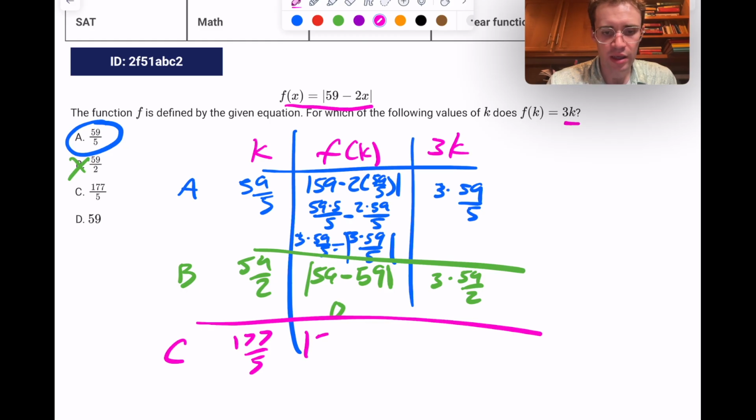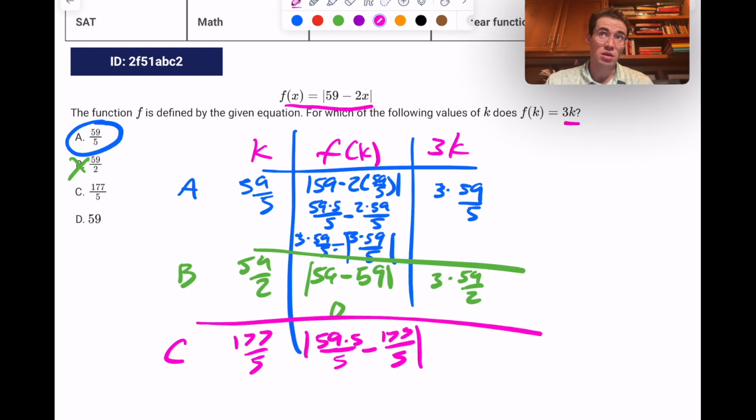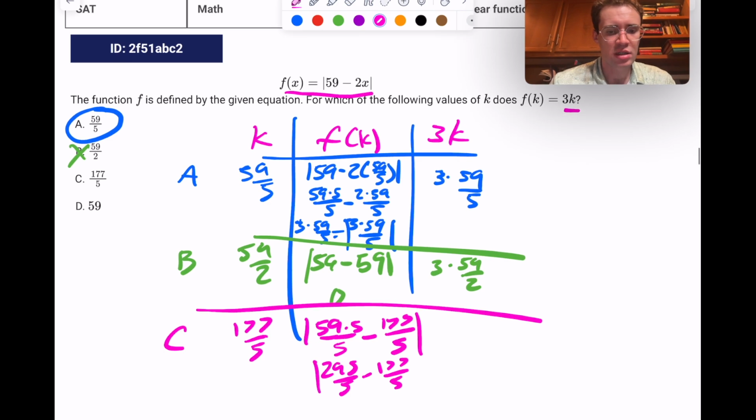And then here we have 177 fifths. For this, you'd do the same thing, 59 times 5 over 5 minus 177 over 5. And that's not going to be equal to 3 times itself, but I guess now we might have to actually figure out what 59 times 5 is. That would be, let's see, 250 plus 45 is 295. So 295 fifths minus 177 fifths, the absolute value of that.